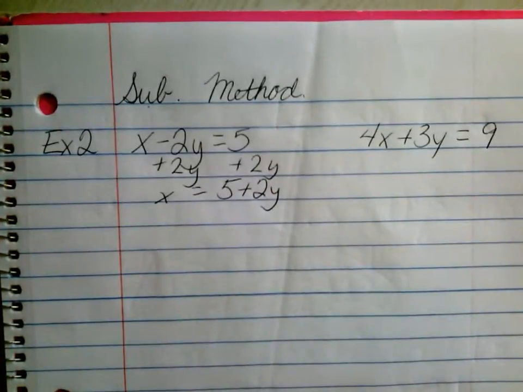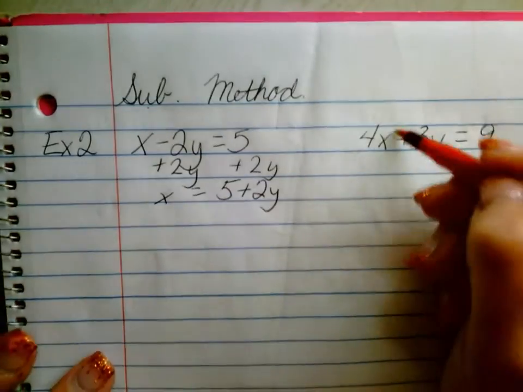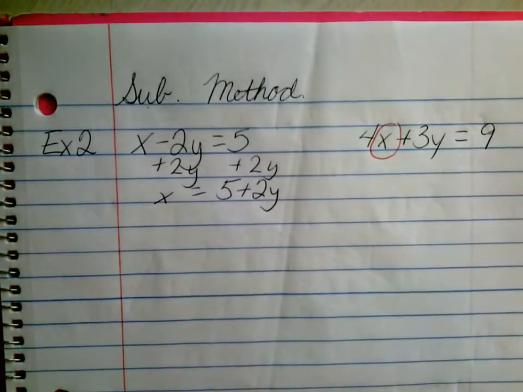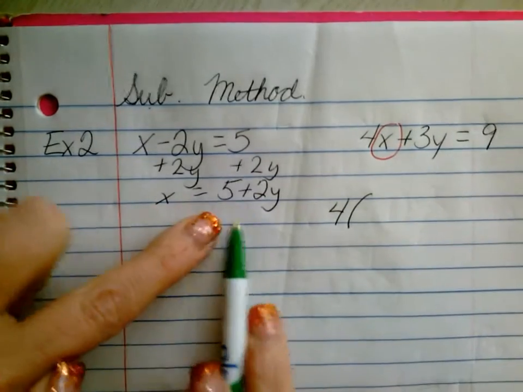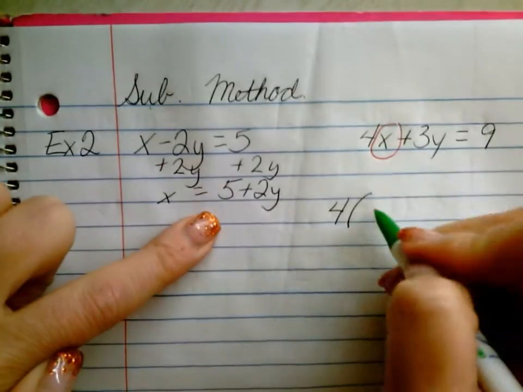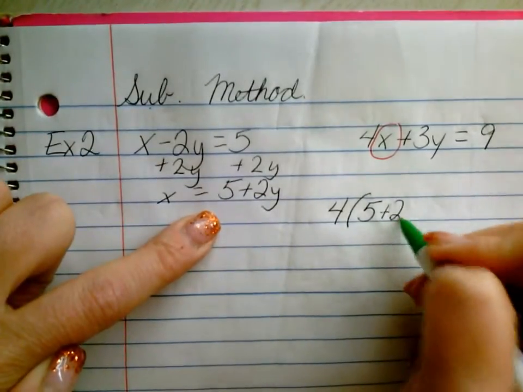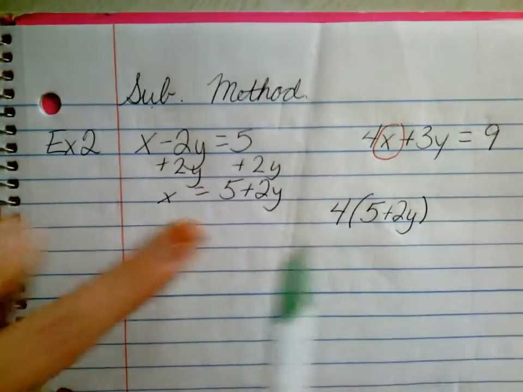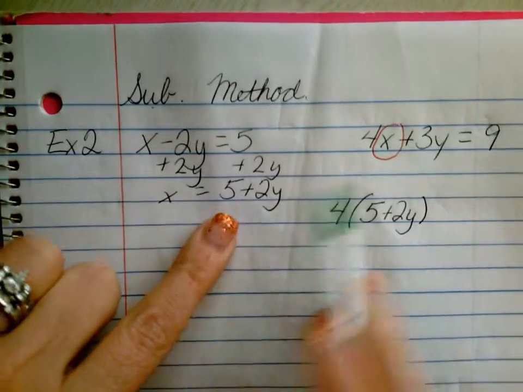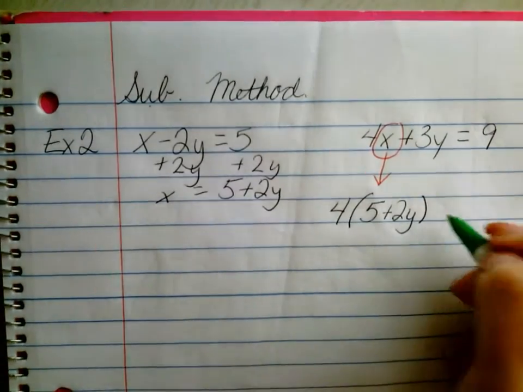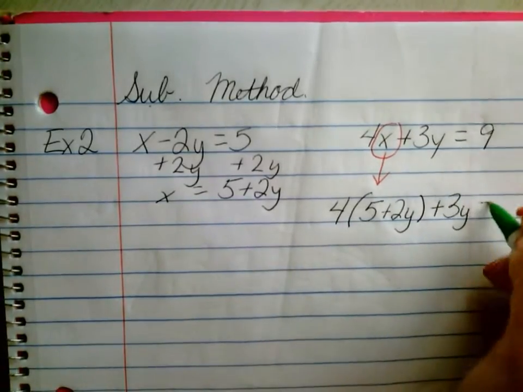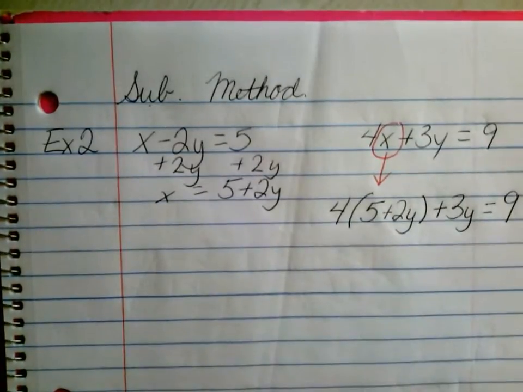That being said, I can plug x is equal to 5 plus 2y into the value of x, giving me 4 times the value of x. I substituted what we found to be the value of x into x's location, and fill in the rest of the equation, distribute and solve.